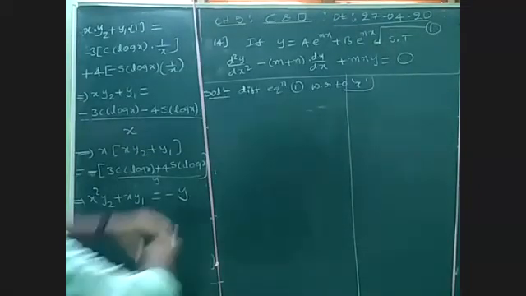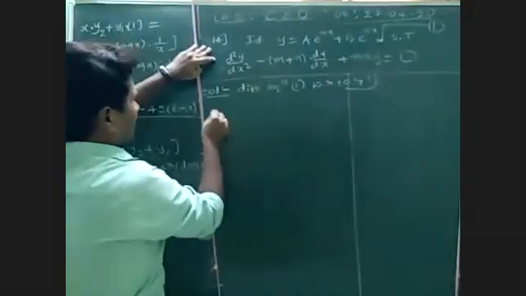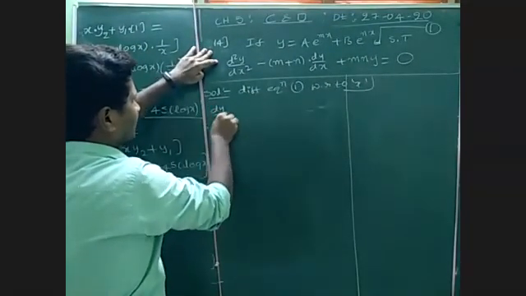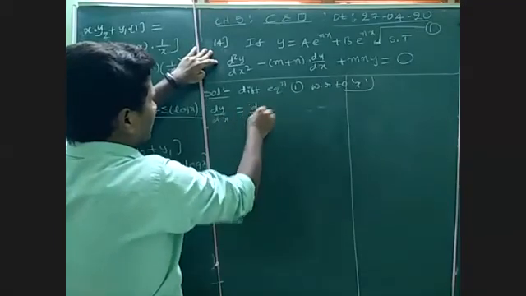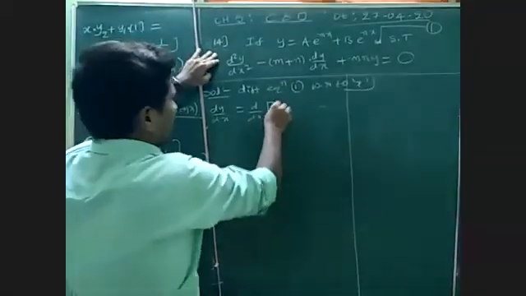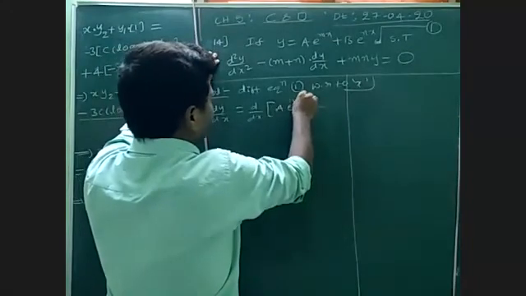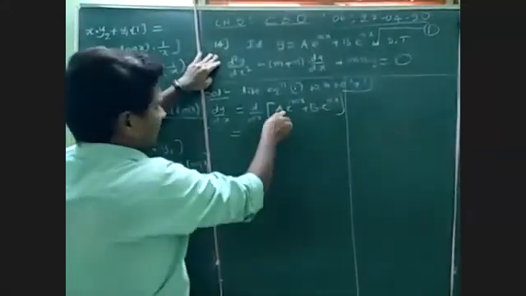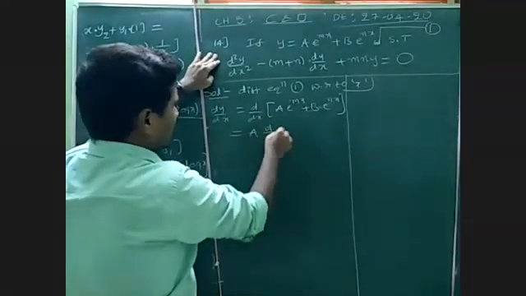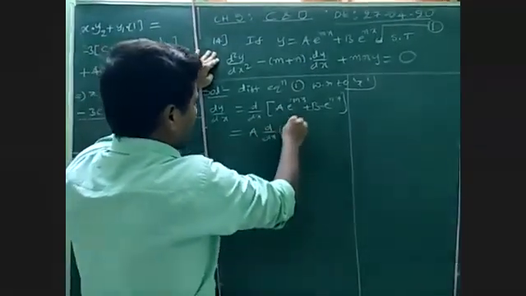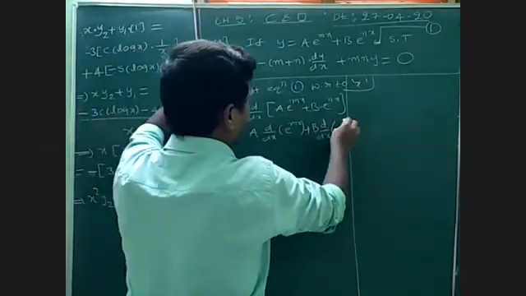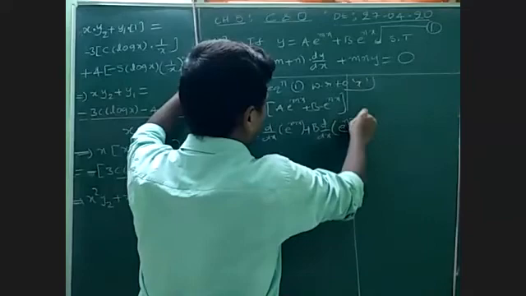Look at it. Y derivative is, now how to write: dy by dx is equal to d by dx of a e power mx plus b e power nx. Now a is a constant, take outside d by dx of e power mx, plus b is a constant, take outside d by dx of e power nx.